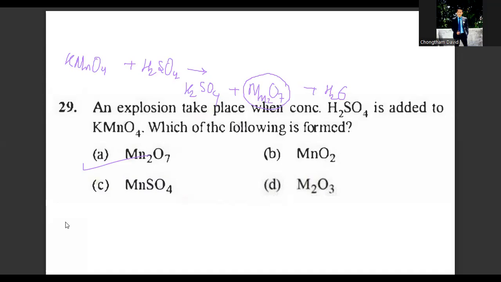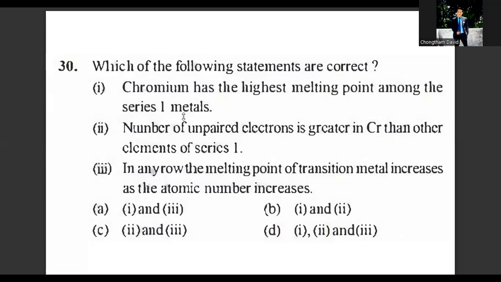Which of the following statements are correct? Chromium has the highest melting point among the series of 3d series metals. The number of unpaired electrons is greater in chromium than other elements of the series. In any row, the melting point of transition metals increases as the atomic number increases. So find the statements which are correct.